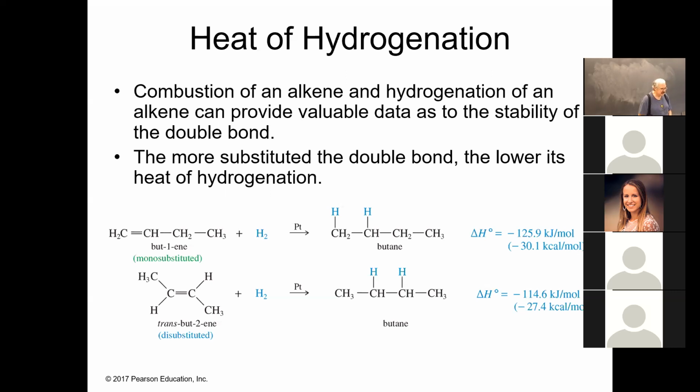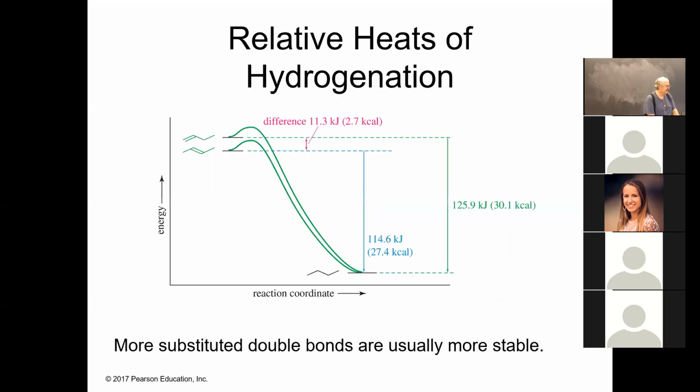So since the heat of hydrogenation is less, that indicates that the original alkene was more stable to begin with. So more substituted double bonds are usually more stable.